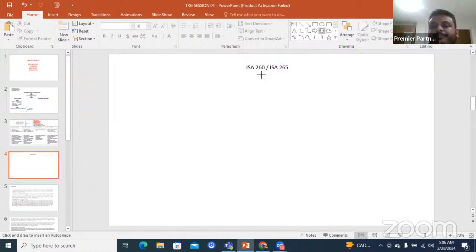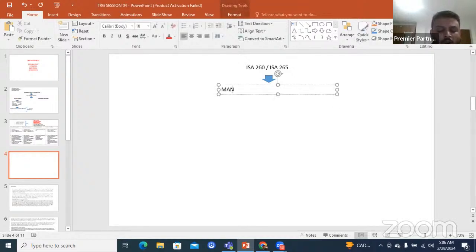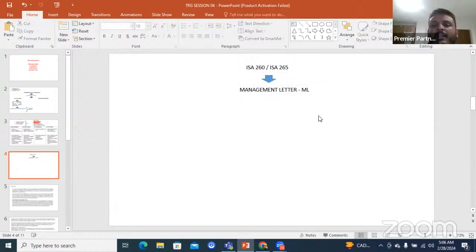Normally, when we are communicating these kind of things to management, we call that document a management letter, in simple form ML.